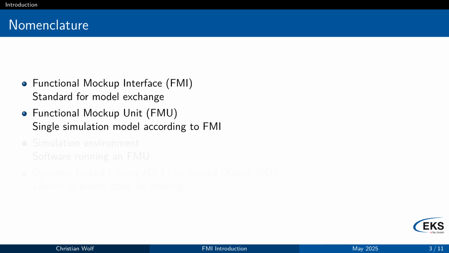So you have a single file that's a simulation model, and this is called an FMU, if it's according to FMI for sure. The simulation environment is the software, for example, your simulation software that you use in order to run or create FMUs. Typically, you run them. Creating is another thing. This is more like export.